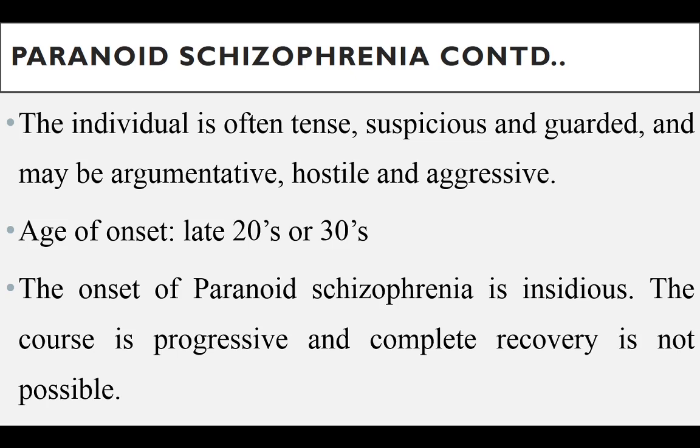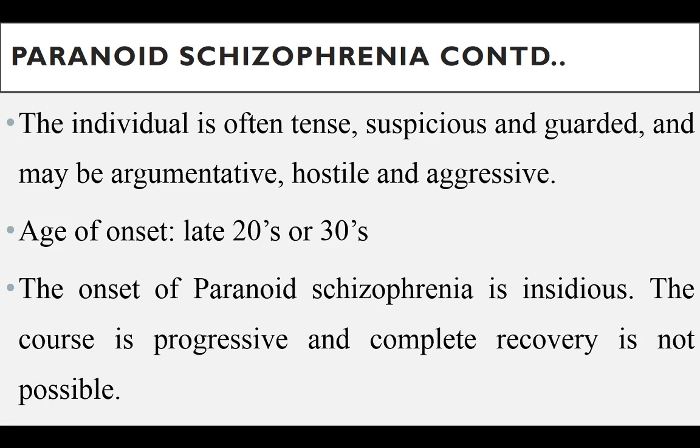Now, how will you know the course or the duration? If you recall, when you write the history of present illness or past illness, you always write the onset and the duration. As you write, you will see that if the course is progressive, slowly it develops.